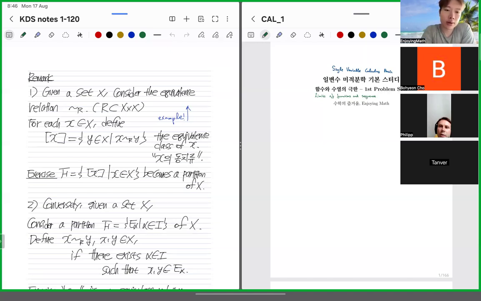I mean, we also have to show that all equivalence classes of X are not the empty set. In the middle of our note, we have an exercise and we define F as a set of equivalence classes.